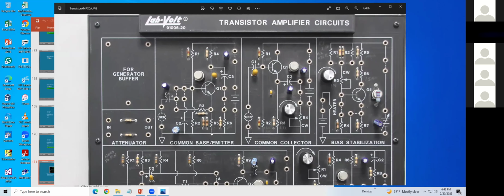That will be a common emitter amplifier. That means next week you will be learning about transistor amplifiers.